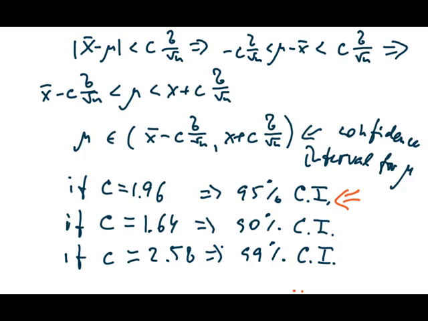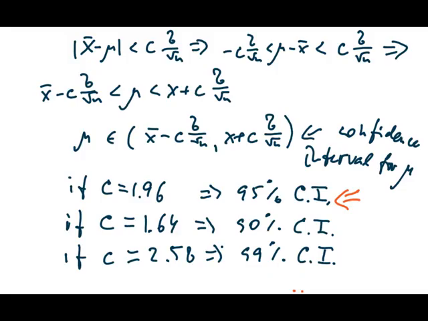And a 95% confidence interval would mean that for 95% of samples, mu will be in this interval, but there are still 5% of samples such that mu is not bounded, doesn't appear in this confidence interval.